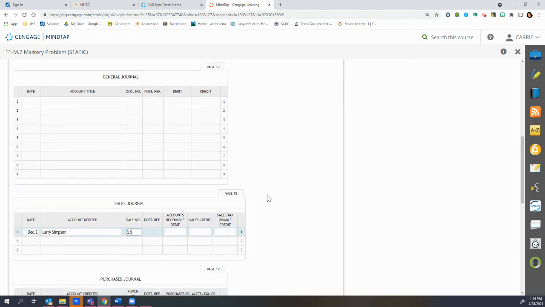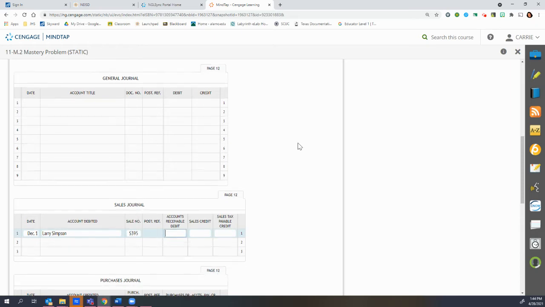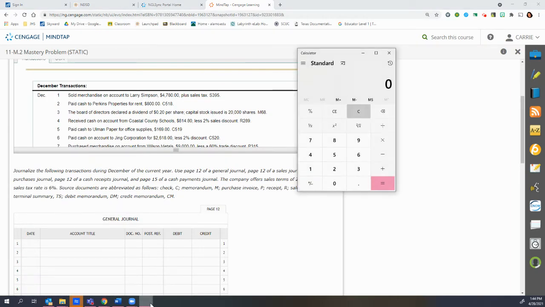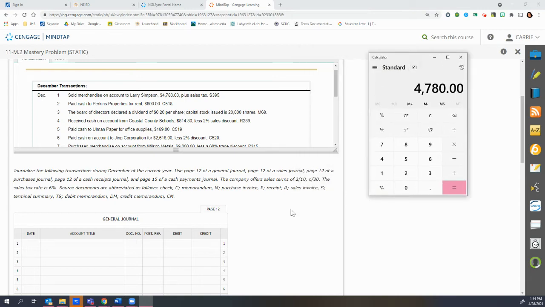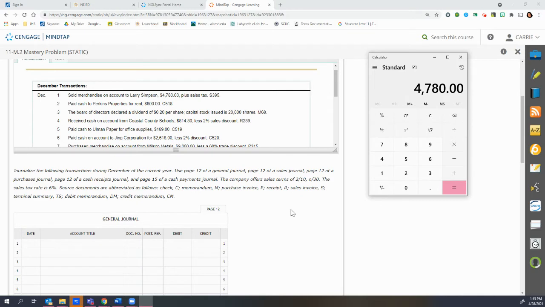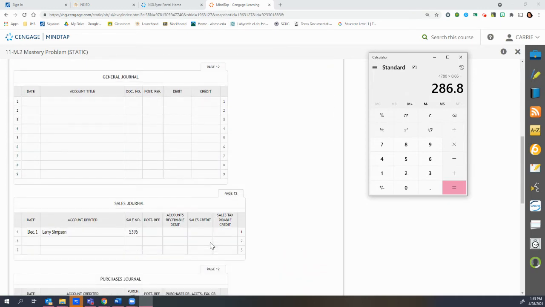S395 is the sales journal. Accounts receivable debit is the whole amount. Oh, we got to add it. Plus sales tax. Okay, hold on. Did it tell us the sales tax amount? 6%. 286.80.